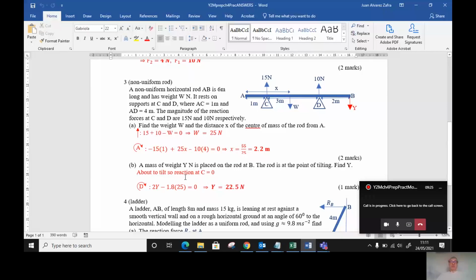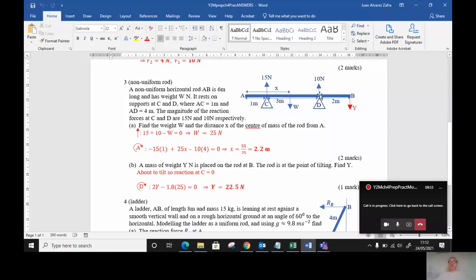And then for part B, we're told that a mass of Y newtons is placed on the rod at B. We can see here written in red. And so its weight will act downwards. The rod is at the point of tilting. Find Y. Okay. So if you imagine that you push down or pull down with a force Y at B, and this is about to tilt, well, what we'll find is that the D will still exert a force.